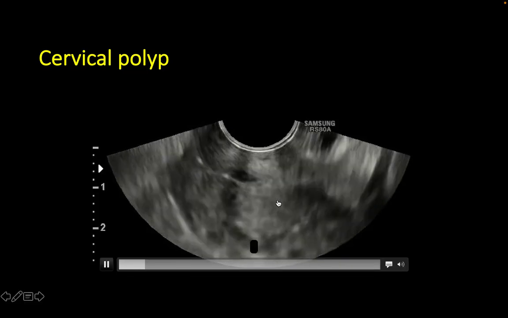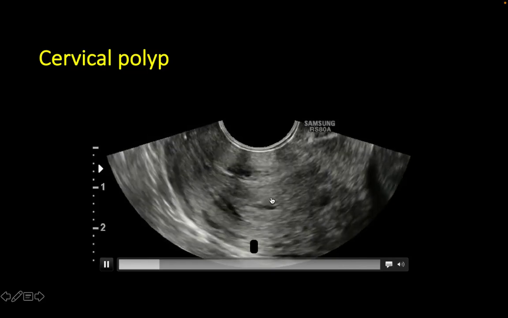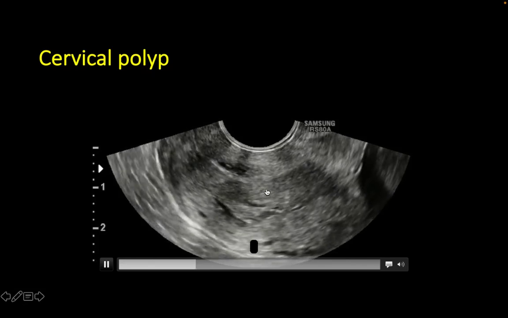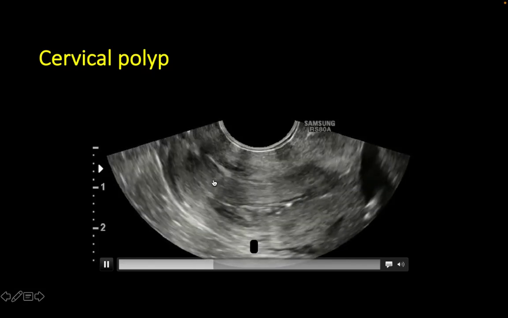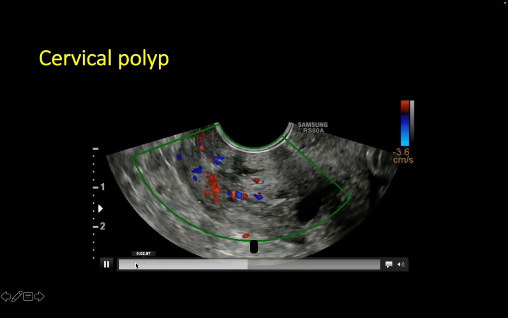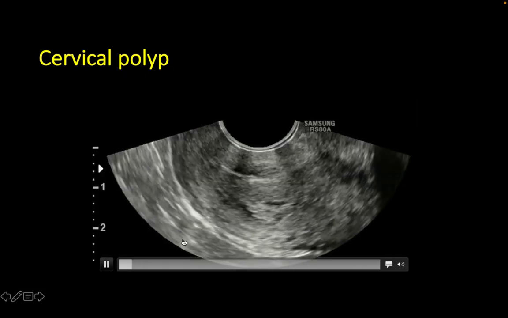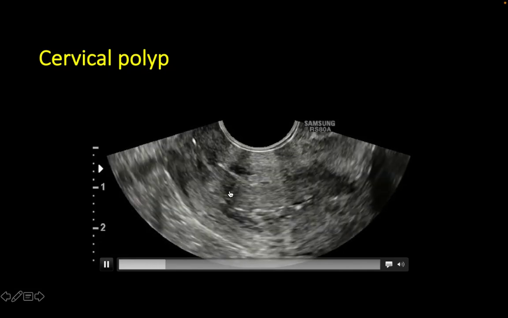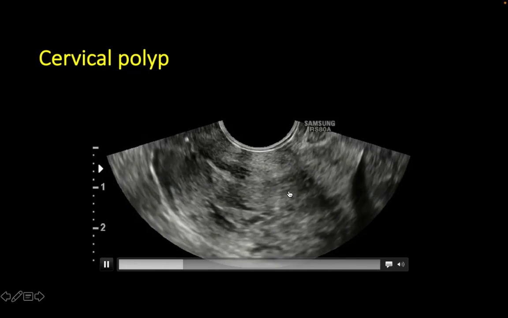Instead of that echogenic layer in the midline, you see this hypoechoic material distending the endocervical canal. I'll show it to you again on grayscale first. You appreciate this hypoechoic material distending the endocervical canal.